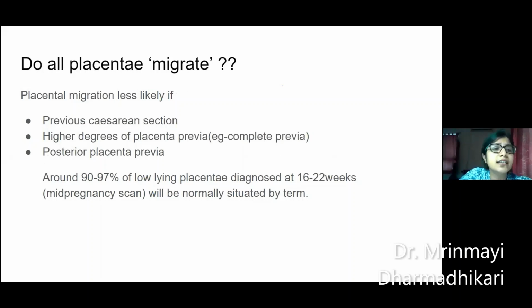These cases are in cases of previous cesarean deliveries, higher degrees of placenta previa, that is either a partial or a total placenta previa, and posterior placenta previa. In the other types, that is in low-lying placentae, around 90 to 97% of low-lying placentae diagnosed at 16 to 20 weeks will normally be situated by term gestation.